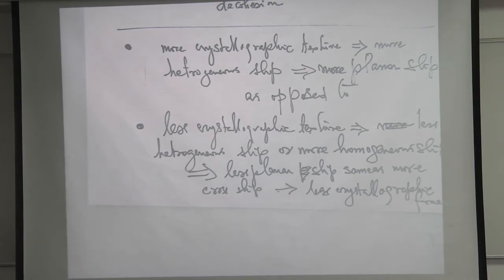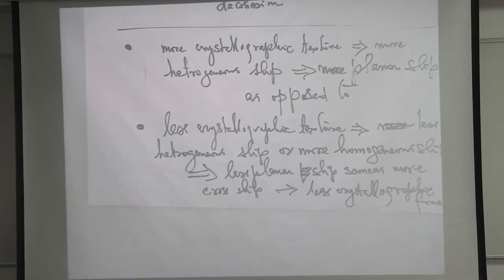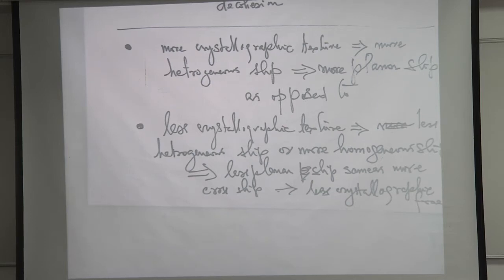What we're saying is in the near alpha titanium alloys, which have more volume fraction of alpha, it goes along with more crystallographic texture, more planar slip, and more crystallographic cracking, okay? All that stuff.